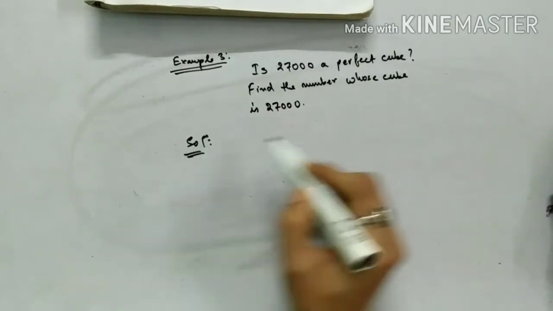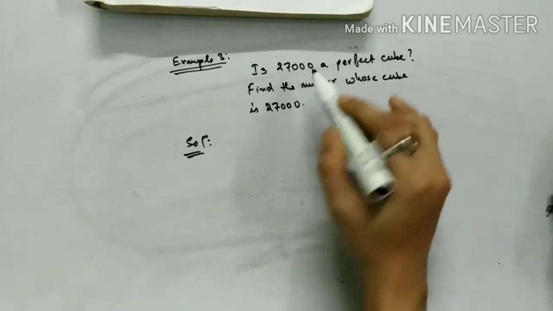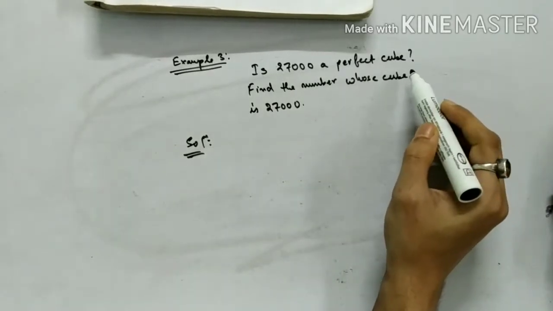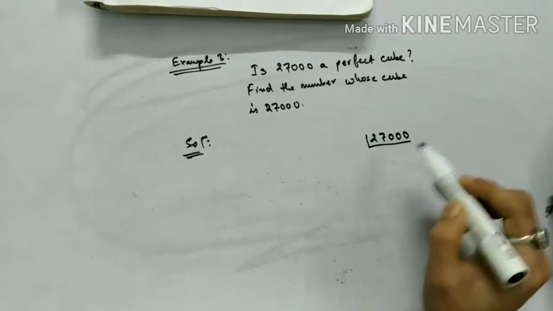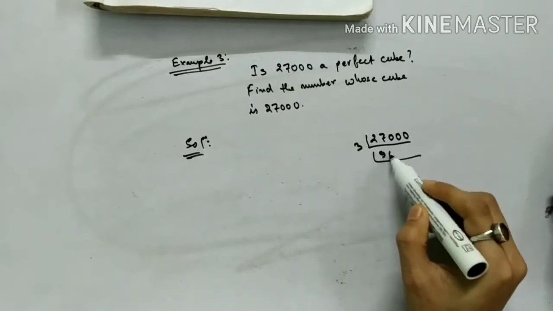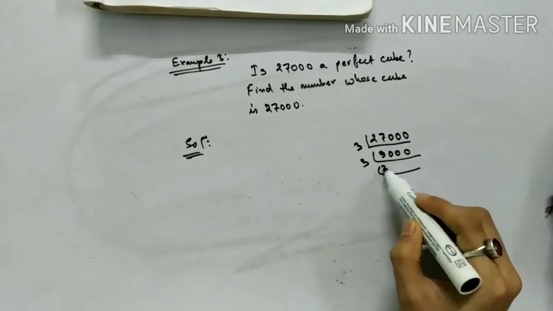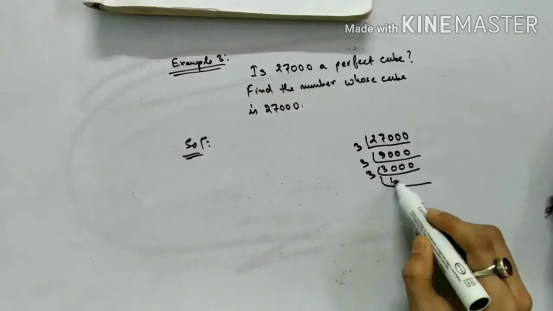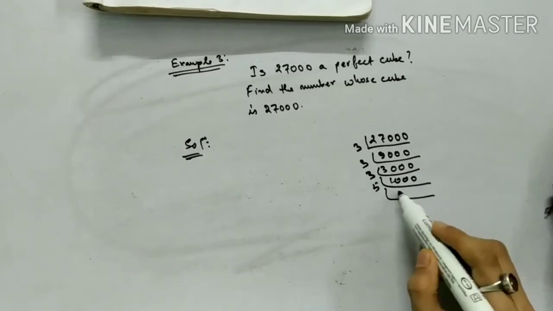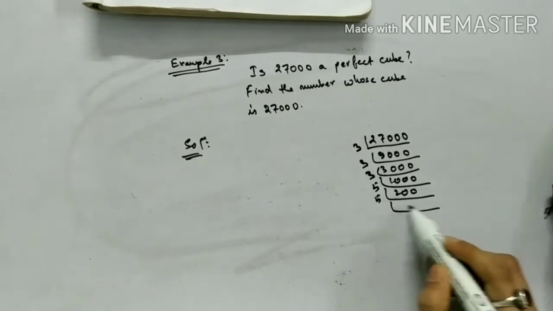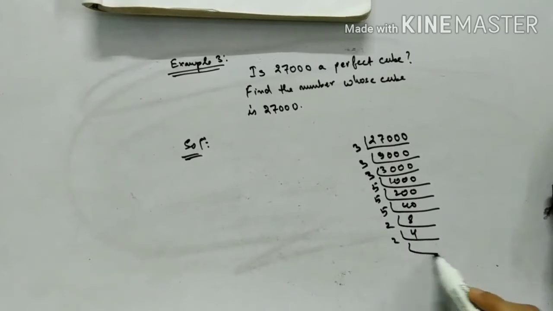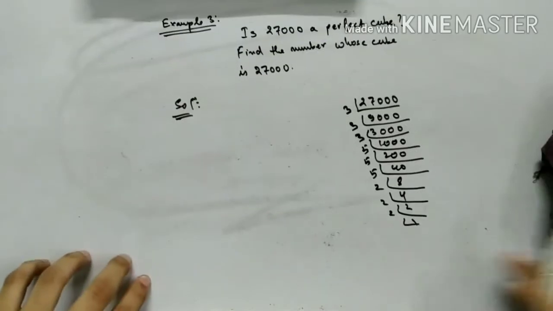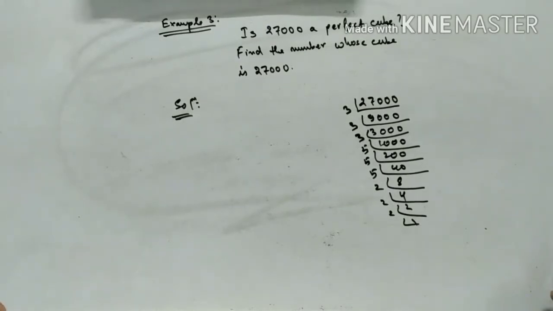So solution here: is 27000 a perfect cube? First of all I will take out the prime factorization of 27000. So 3 9000, 3 3000, 3 1000, 5 200, 5 40, 5 8, 2 4, 2 2, 2 1. This is the prime factorization of 27000.